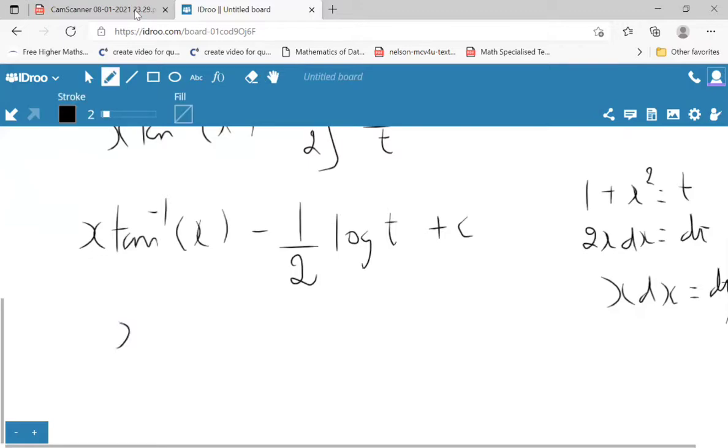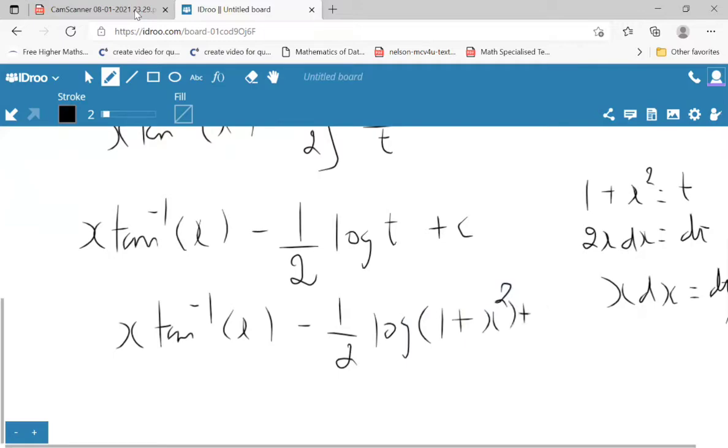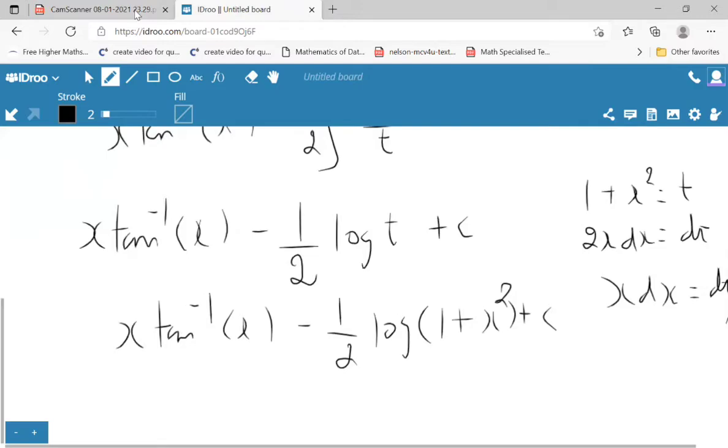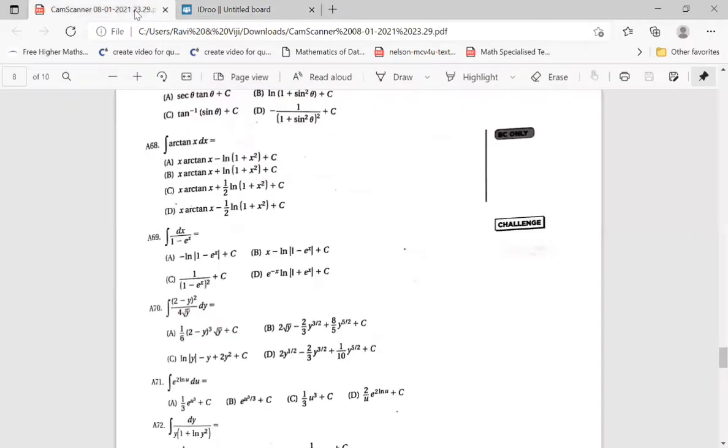So that gives you x tan inverse of x minus half log 1 plus x squared plus c. That is the final answer. So let's see which option is correct. x tan inverse of x minus half log 1 plus x squared plus c. They have written tan inverse as arc tan. Okay, so option D is the correct answer.